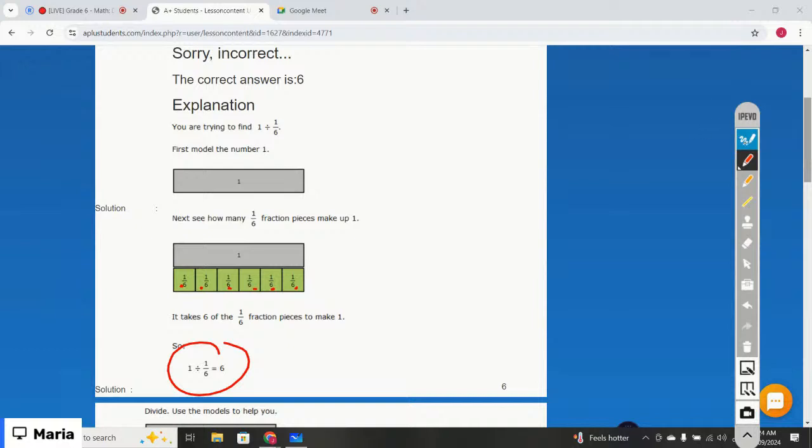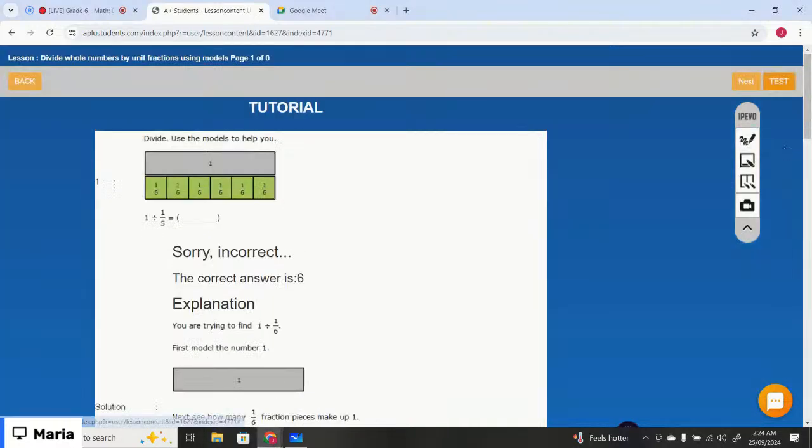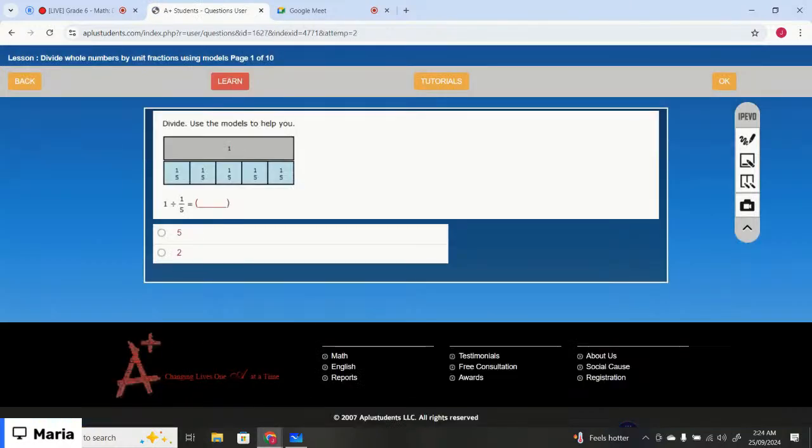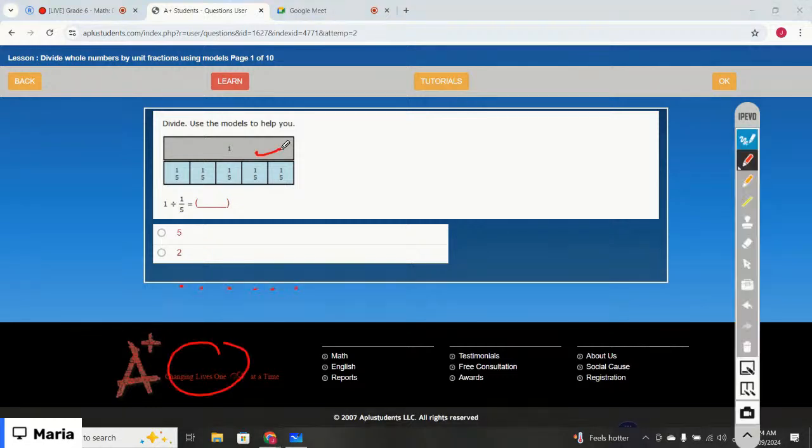Okay, let's just start with the test questions. Use the models to help you. So basically that is very easy. You just need to understand the model. This is 1, right?